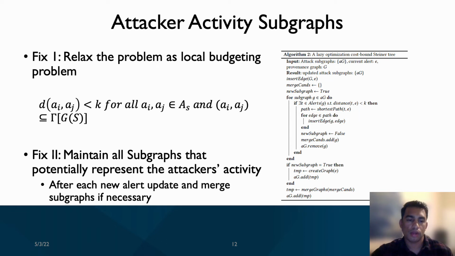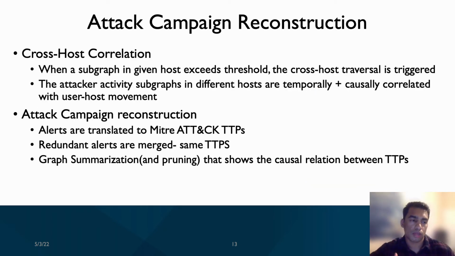And every time a new alert is inserted or a new edge is inserted into the provenance graph, we update all these subgraphs that need to be updated. We merge if the merged subgraph satisfies the local cost bound. So we have a bunch of these subgraphs.